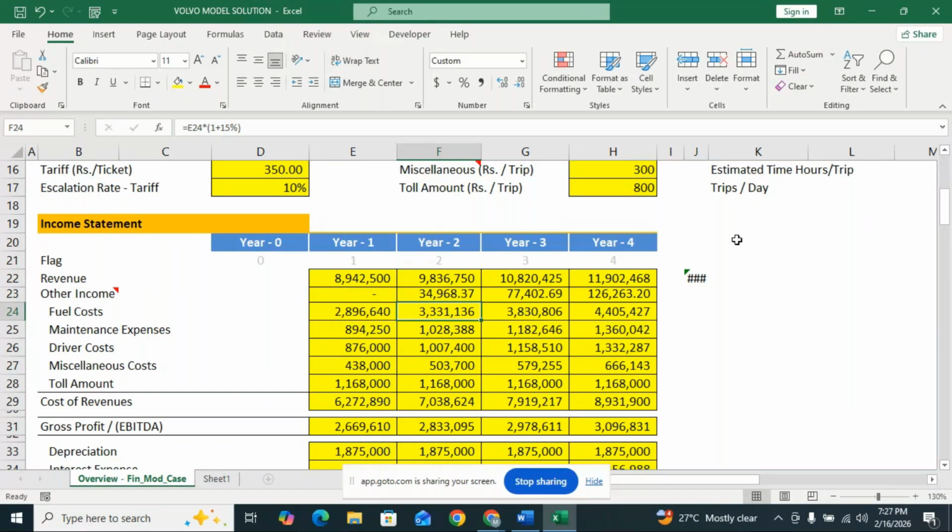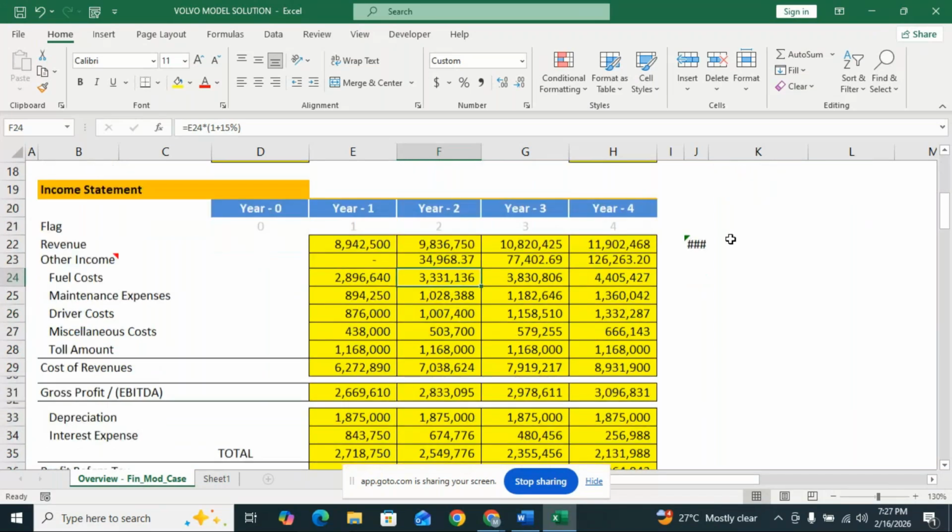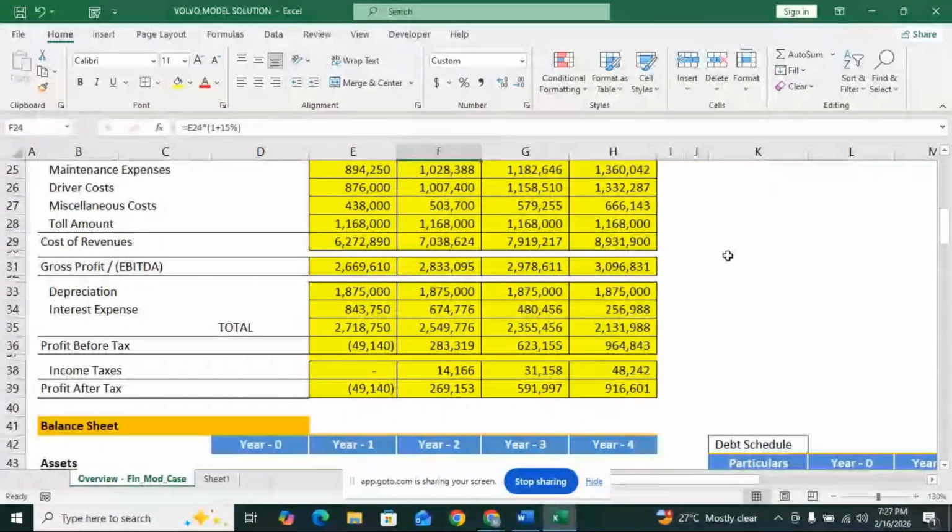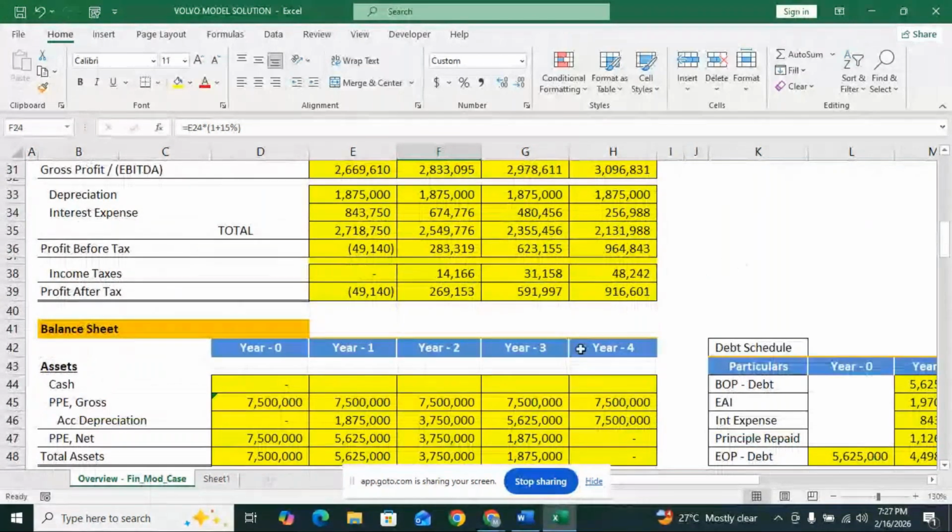So again, cross-check the values, how they've got auto-updated. Your gross profit, total cost of revenues, your gross profit coming up to your PAT, and then the rest. Once you calculate your other income, your final amount of PAT should look like this. Please cross-check. Your final amount of profit after tax, you have to get these values, which I've displayed on the screen.